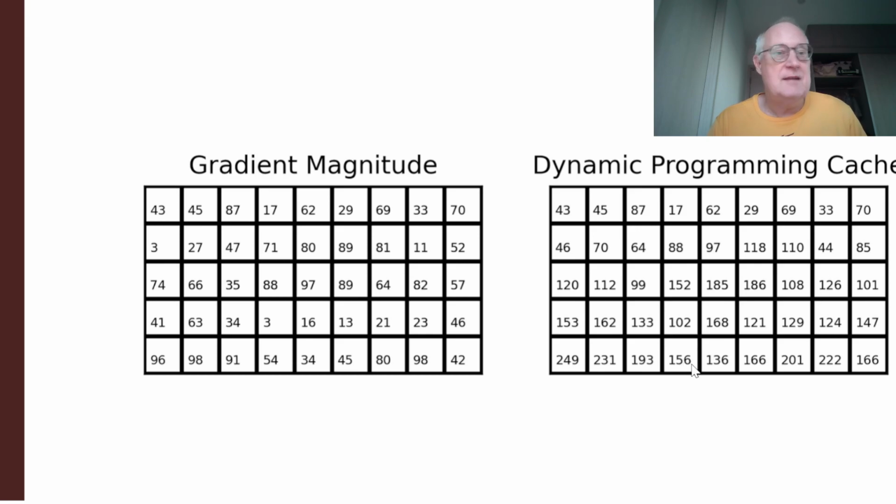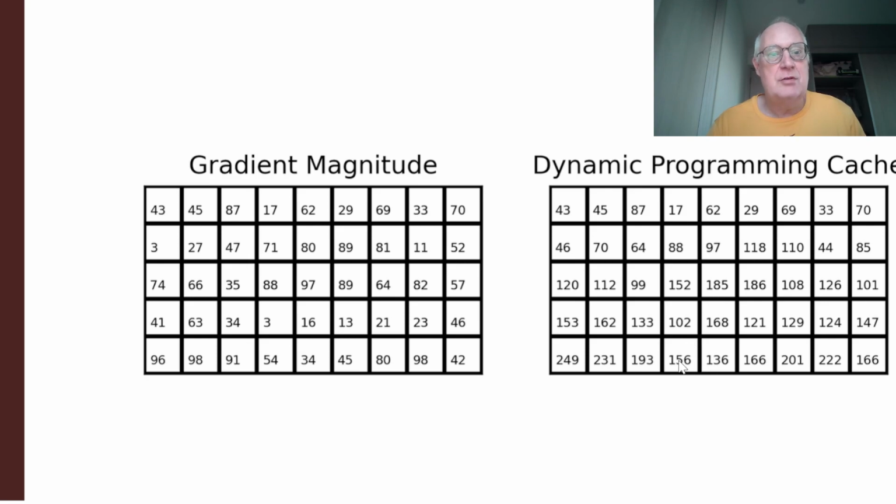However, that doesn't work. I have to completely recalculate the gradients of the image, as well as the path that I want to remove. Because here, for example, if I remove the 136 path, I will remove this pixel, I will remove 102, 99, 64, and 17.